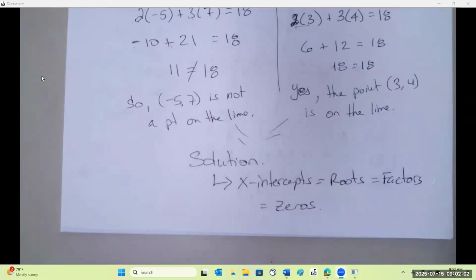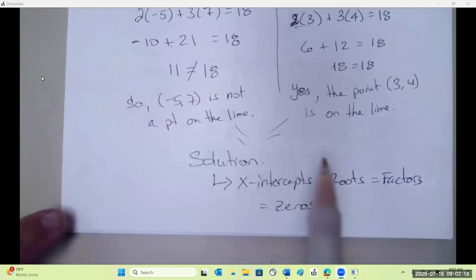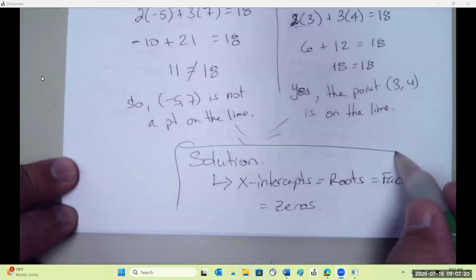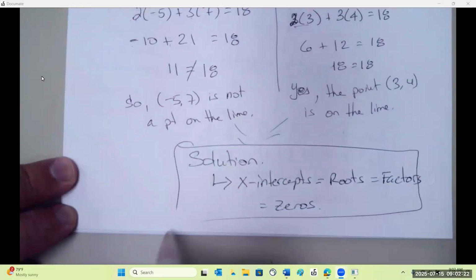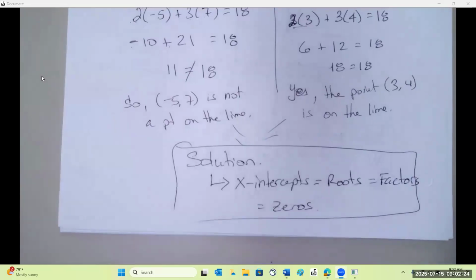All of those words mean the same thing in mathematics. When I ask you for a solution, I'm looking for the x-intercept. If I'm looking for the zero, I'm looking for the x-intercept. Or it can be called a solution as well. So all of these words mean the same thing in this course. It's just different ways I can ask for it.